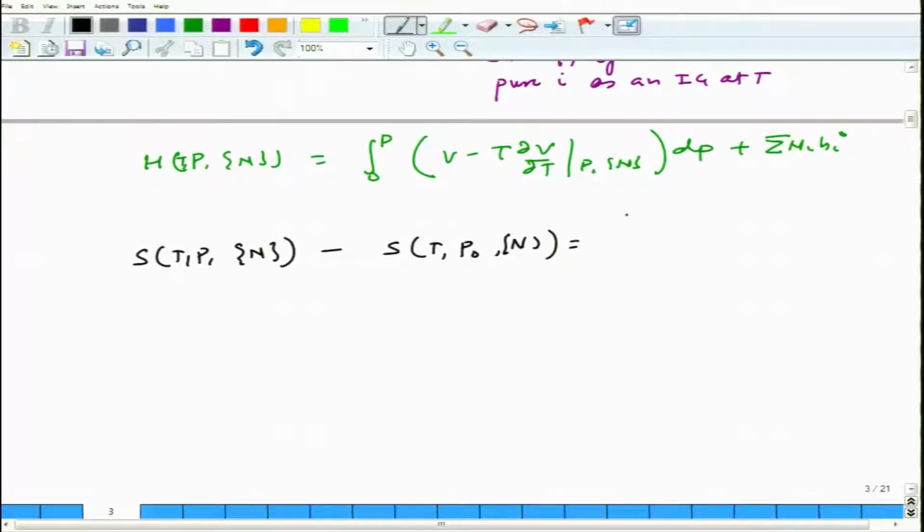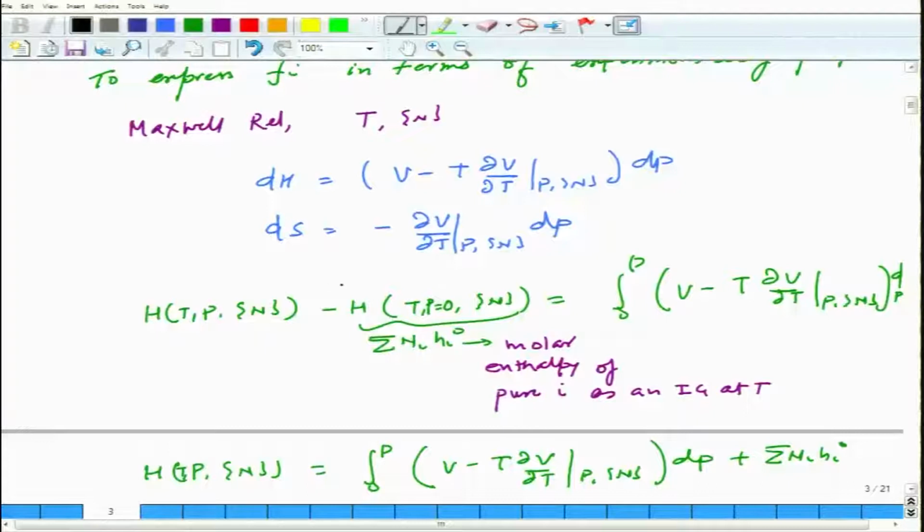This is from P0 to P of minus del V by del T at constant pressure and constant N, dP. Note that this is simply the integration of this expression.